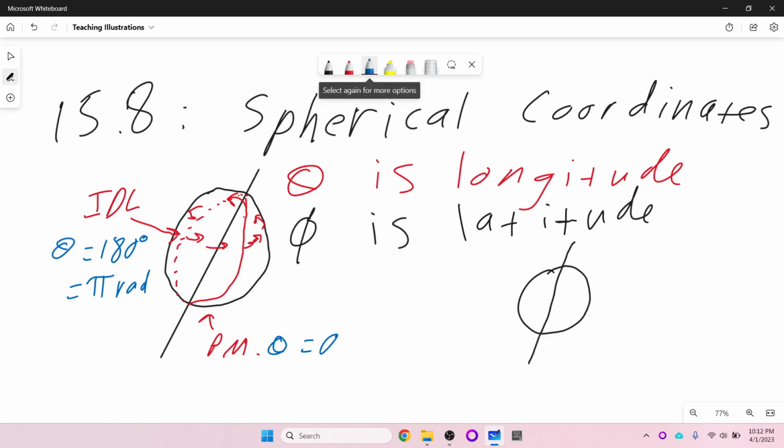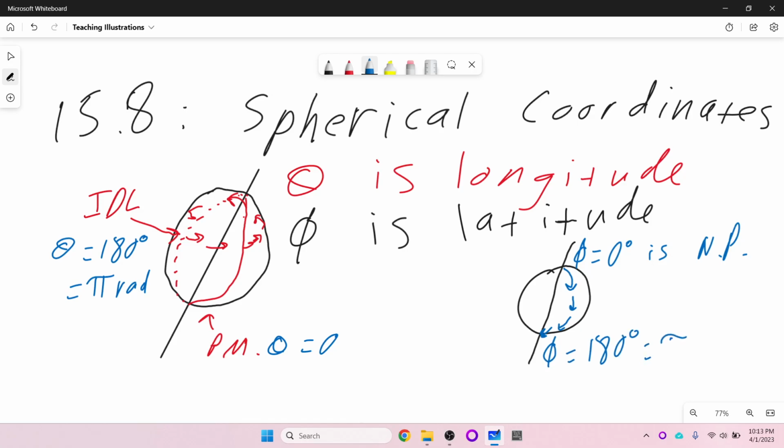So phi would represent the distance downward. This one we have to be a little careful about how we represent it. It is phi equals 0 is the North Pole. And then the South Pole is half a circle around, so you say phi equals 180 degrees, or pi radians, is the South Pole.